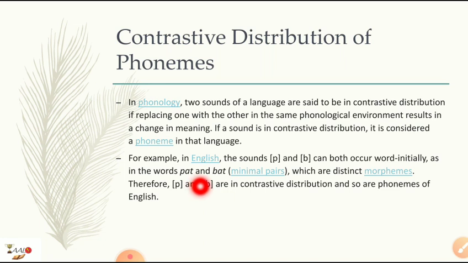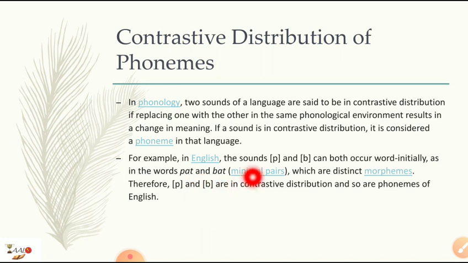So again, p and b are in contrastive distribution, and so we can call them phonemes. The change in phonemes changes the meaning. So, at the level of phonemes, phonology can bring about a change of meaning in a word.